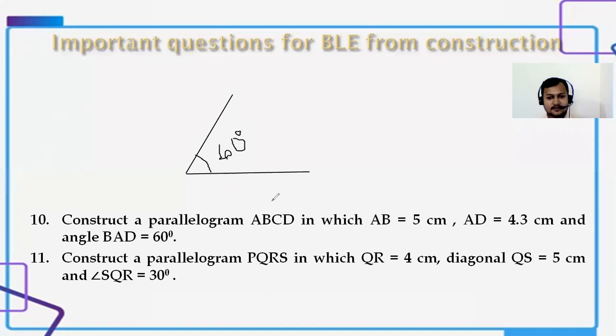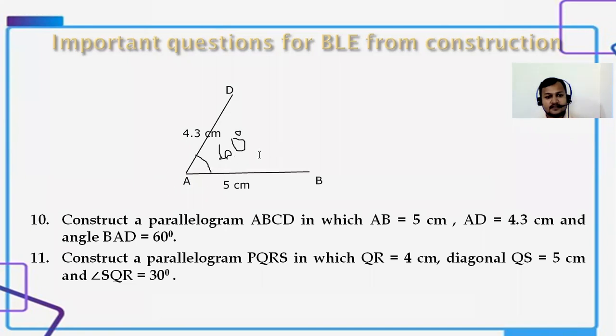Okay, this much is given to us. AB is 5 centimeter. It is given. AD, sorry, is 4.3 centimeter and angle BAD. This is point B. This one is A and this upper one is D.